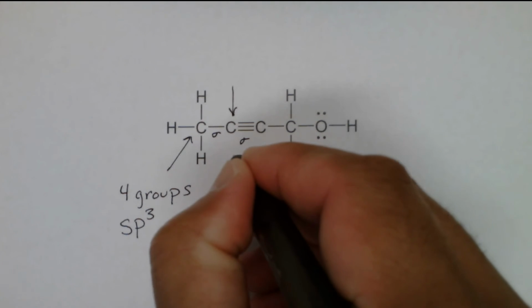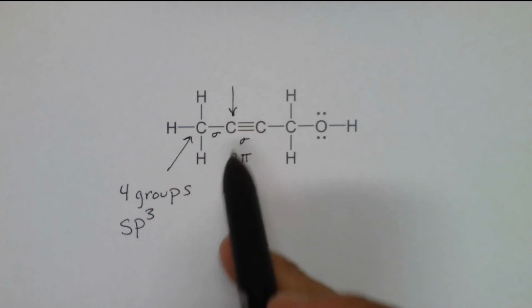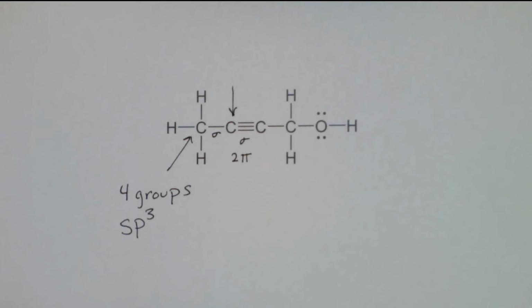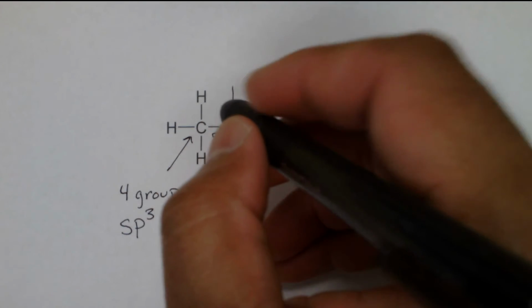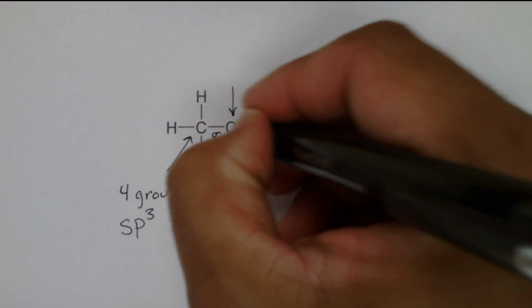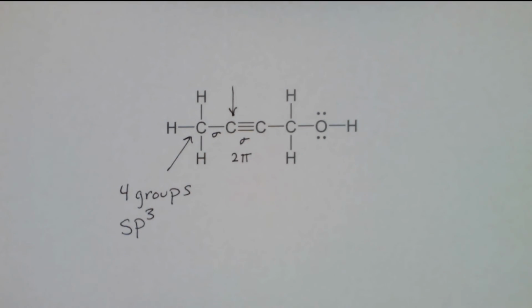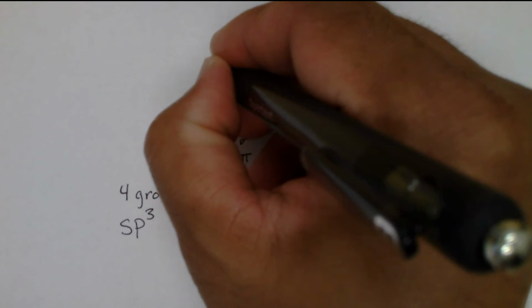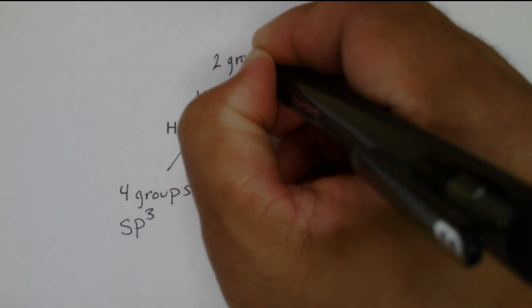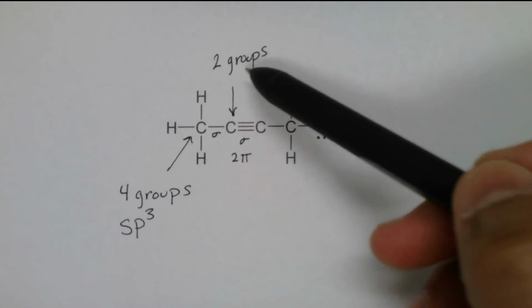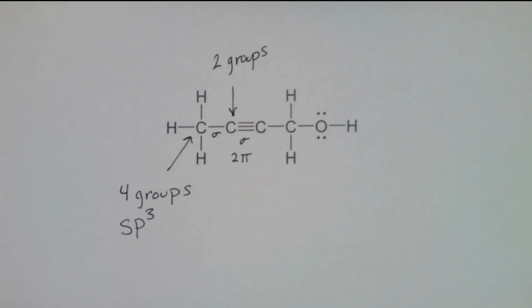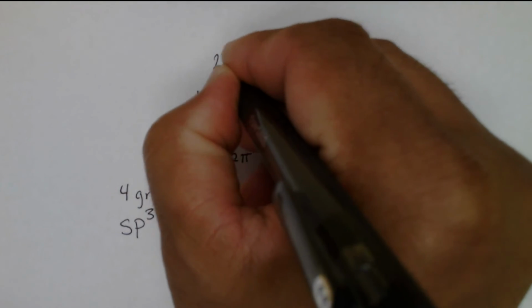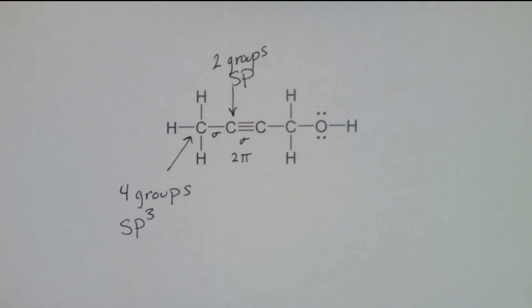Anything extra will be a pi. So in this case, there's 1 sigma bond and 2 pi's. So in terms of groups, this carbon atom has 2 sigma bonds, no lone pairs, and so we'll call this 2 groups. And to have 2 groups, you have to have 2 hybrid orbitals, and so this carbon is sp hybridized.